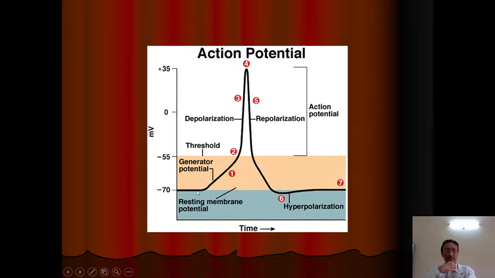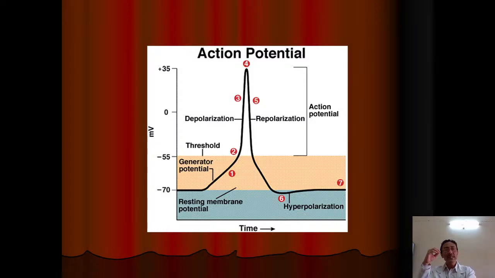As the stimulus is given, over the next 20 milliseconds the membrane potential changes from minus 70 to minus 55 millivolts. This change in the potential is called the generator potential.